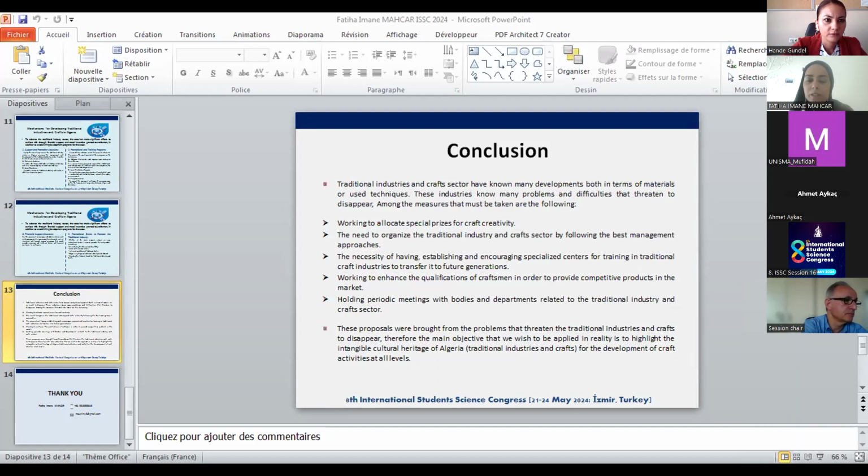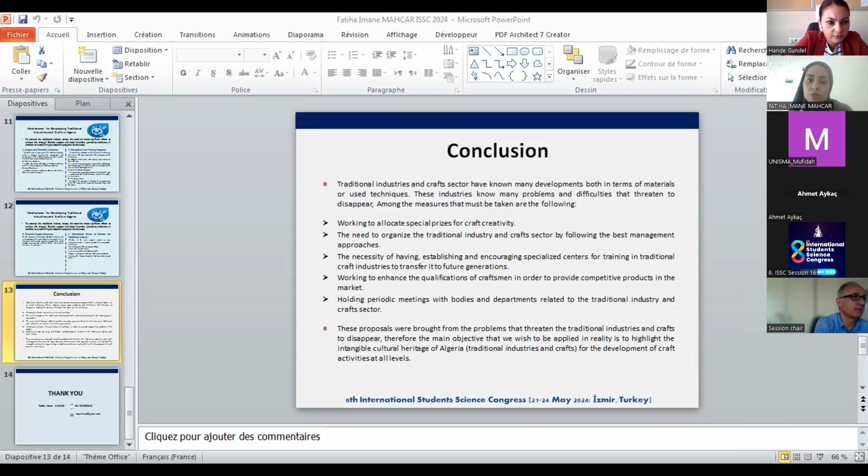We can develop it, like I said. At the political level, the state can organize some periodic meetings, from time to time, to know the role in the local and national level, how it's going on. We can also make prizes for craftsmen.